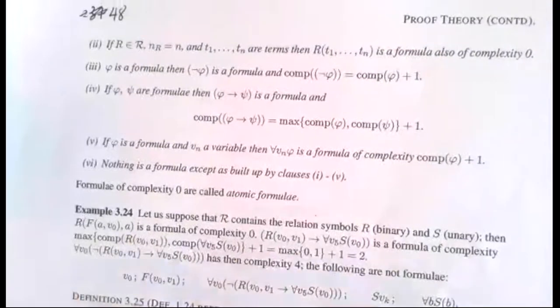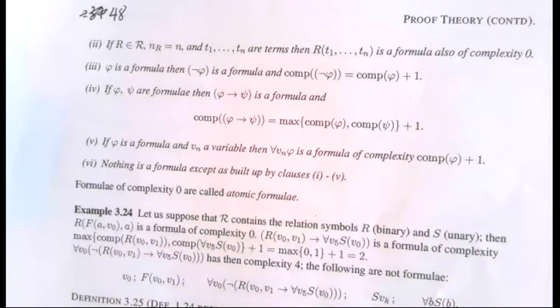Now, these are not necessarily things that you have to remember, but the point is that we can assign numbers, complexity values, to terms and formulae, and that way we can do inductions over formulae.